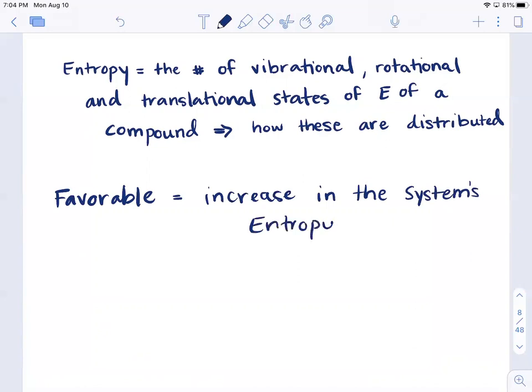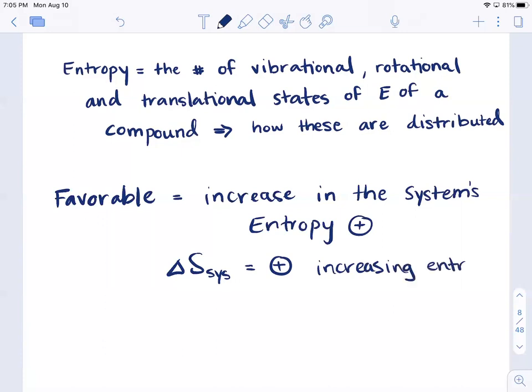We related this to a positive delta S, right? If delta S for the system is positive, this is what we called increasing entropy. And that was favorable. If delta S of the system is negative, we said that was decreasing entropy, more structure, less disorder.